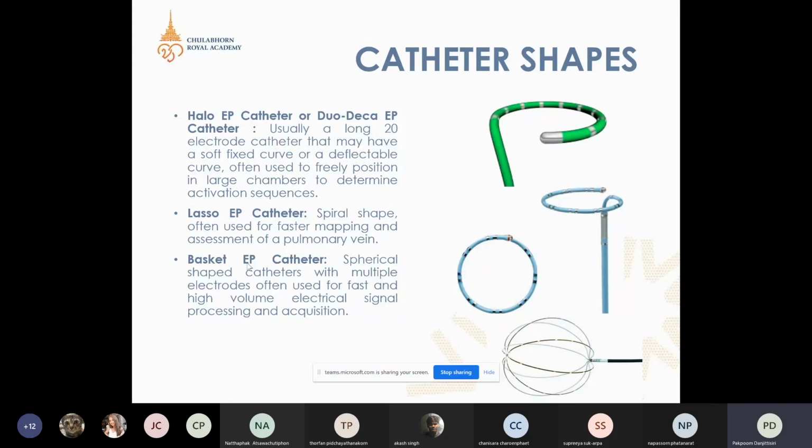Apart from that, let's talk about the special catheters. The halo EP catheter or the crista EP catheter usually has 20 electrodes on the catheter. That catheter may have a soft fixed curve or a deflectable curve, often used to freely position in large chambers to determine activation sequences, as I said before, right?